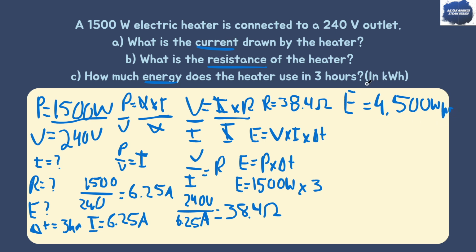But now the question is asking us to get it in kilowatt hours. So all we need to do is divide everything by 1,000. So energy equals 4.5 kilowatt hours. Whoa, that wasn't so hard now, was it? Now that we broke it down step by step, it was really easy.